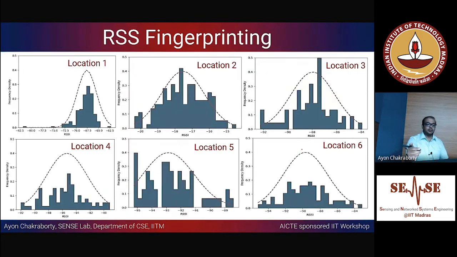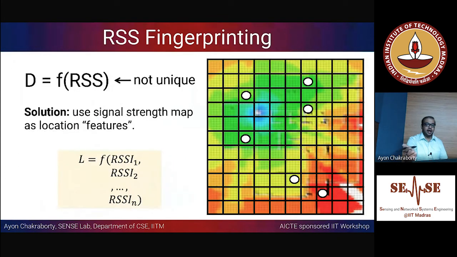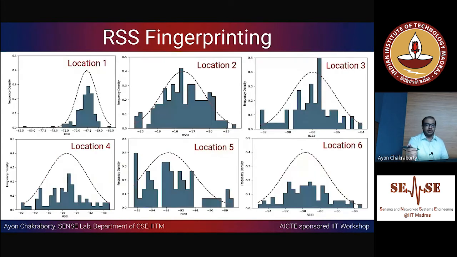So this is exactly the same thing that I have already shown you. Now the problem is how unique these distributions are. If the distribution I recorded in the last slide is not unique, suppose at location number 74 I am also getting a distribution that looks very much like this.